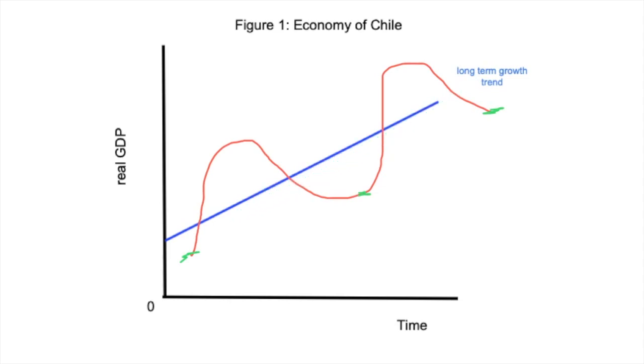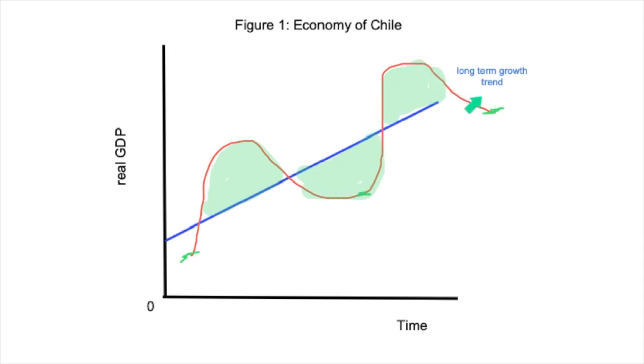And what governments strive to do, and if you've seen this notion of an output gap, is actually keep this line as close to the long-term growth trend as possible, and get rid of what they call output gaps, which are these green areas right here. What does an output gap mean? It's just a gap between the ideal, which would be this blue line, and reality, which is the red line, right?